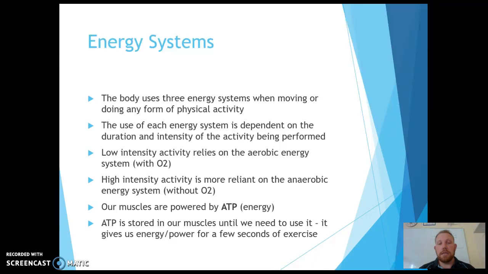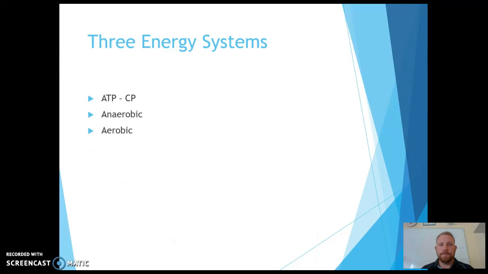High intensity activity at the higher end of this is more aligned with the anaerobic system, so that's not using oxygen. And our muscles are powered by ATP, so that's the energy store in the body. ATP is stored in our muscles until we need to use it. It gives us energy and power for a few seconds of exercise. So these are the 3 energy systems here.